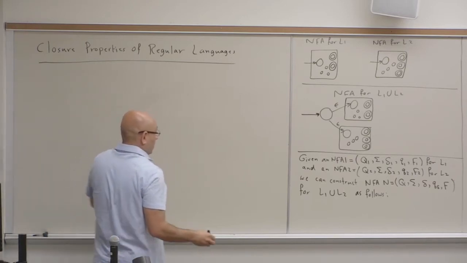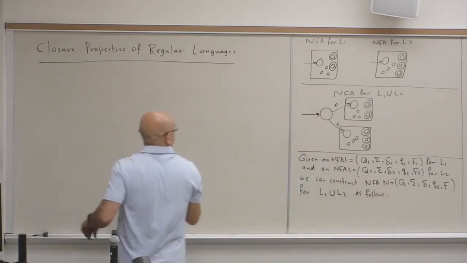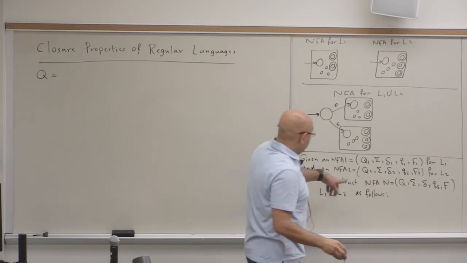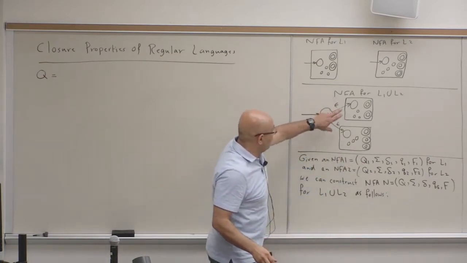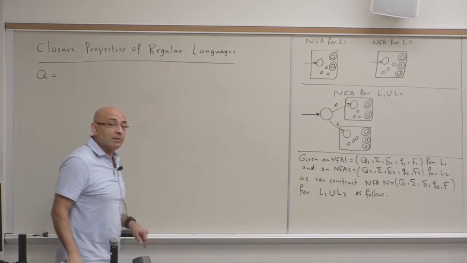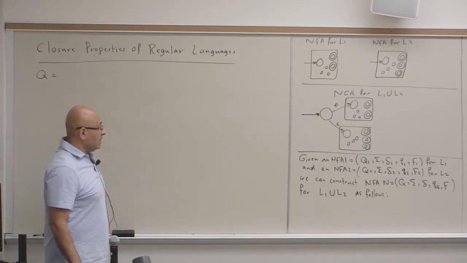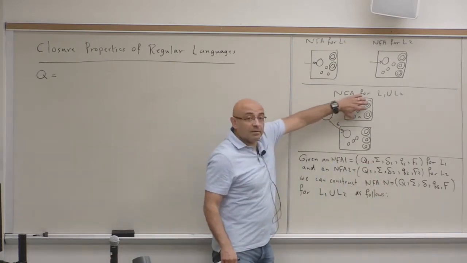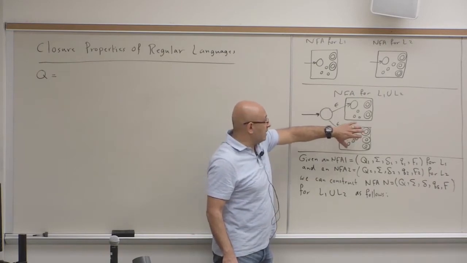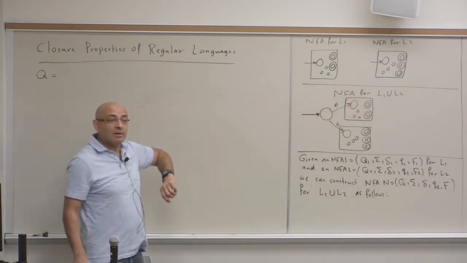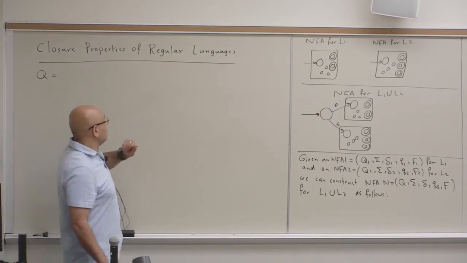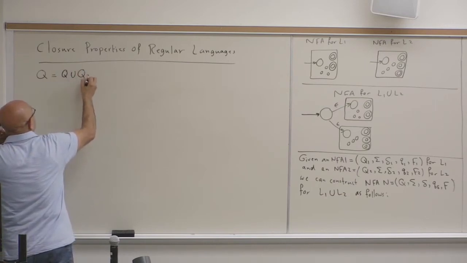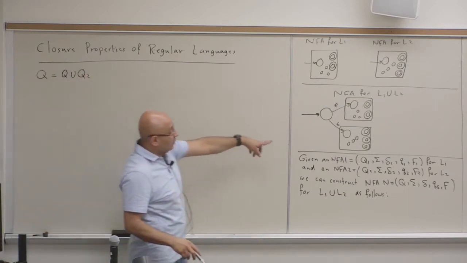So what will be the relation between Q for the union and the Q1 and Q2 for the original languages? What's the relation between Q and Q1 and Q2? So here's Q1, here's Q2. It's Q1 union Q2? Okay, exactly. So it's Q1 union Q2, and look at this. Is it only Q1 union Q2?